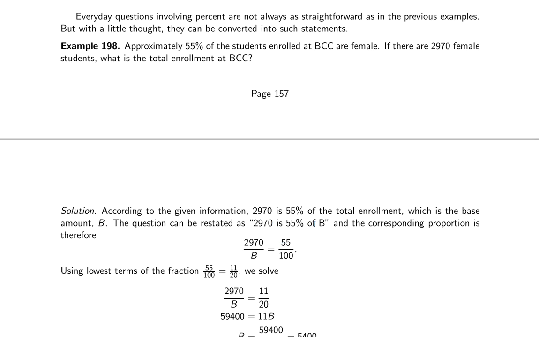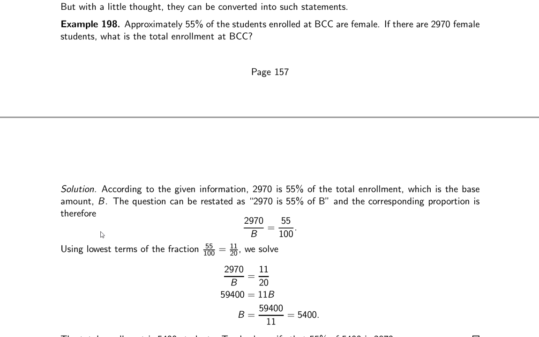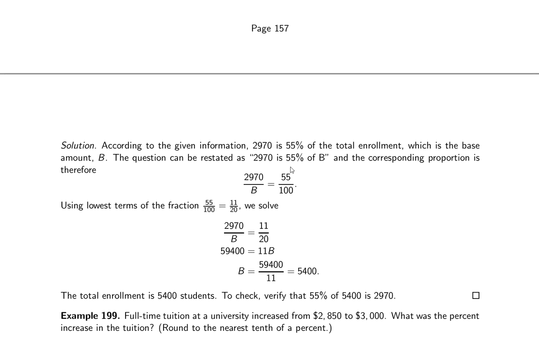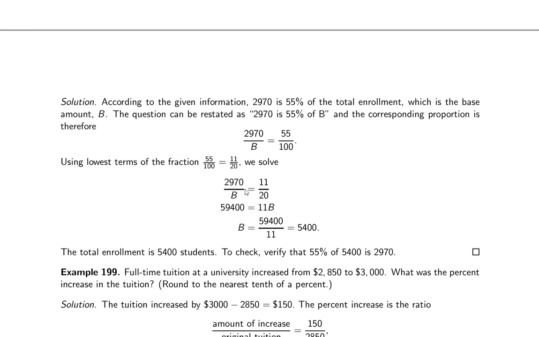All right, so we're looking for the total. In this case, the B is missing. A is 2,970, P is 55. So we have this. Set the cross products equal.